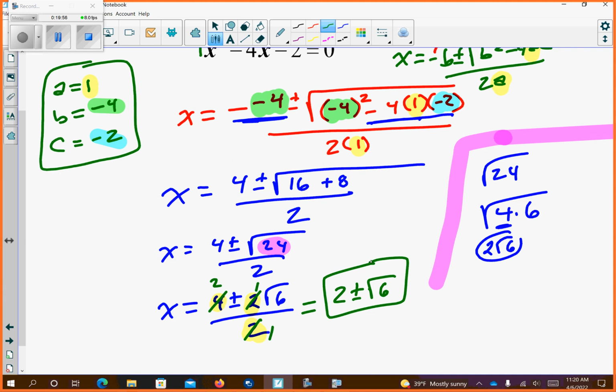That's 2 plus the square root of 6 and 2 minus the square root of 6. And that is what they call an irrational number, which is fine. That right there would be the location that if I had drawn this as a parabola, my parabola would cross the x-axis at 2 plus root 6 and 2 minus root 6. Okay? So it's a newer idea.